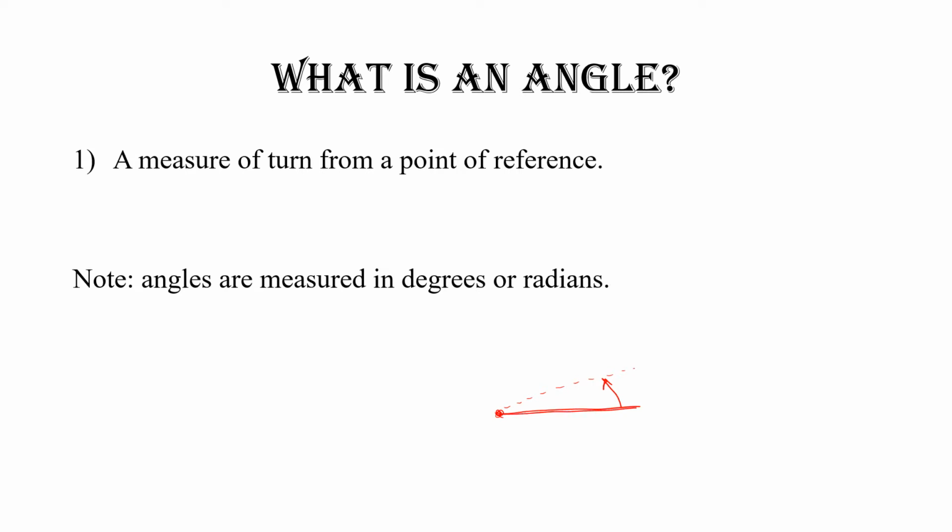So it's a measure of turn from a point of reference, and my point of reference is this point here, which we often call the vertex. So the vertex is our point of reference, and this line can move to any amount of degrees or radians. But that's what you need to know.